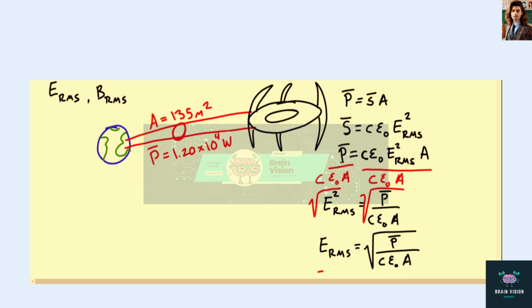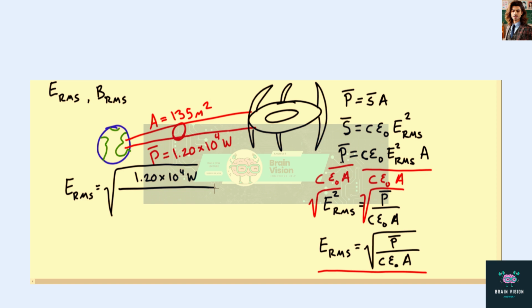And so this right here, we have everything we need to go ahead and start plugging in values and solve for the E RMS. I'll write that over here so we have a little more space. Square root, and what's the power? 1.20 times 10 to the 4 watts.